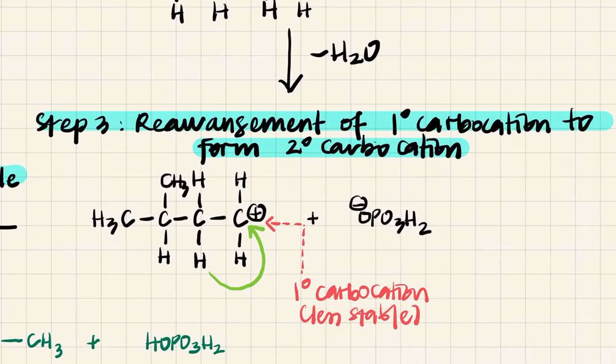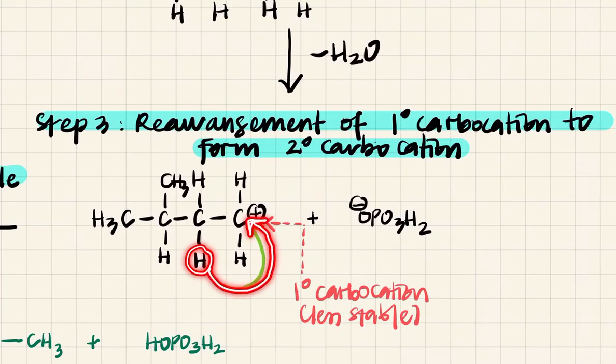We can form whether a secondary or tertiary carbocation ion, depends on what this carbon is attached to. So since we have hydrogen, that means that we can do 1,2 hydride shift. So kita akan ubah tempat this hydrogen, so kita akan attach dia to this carbon.